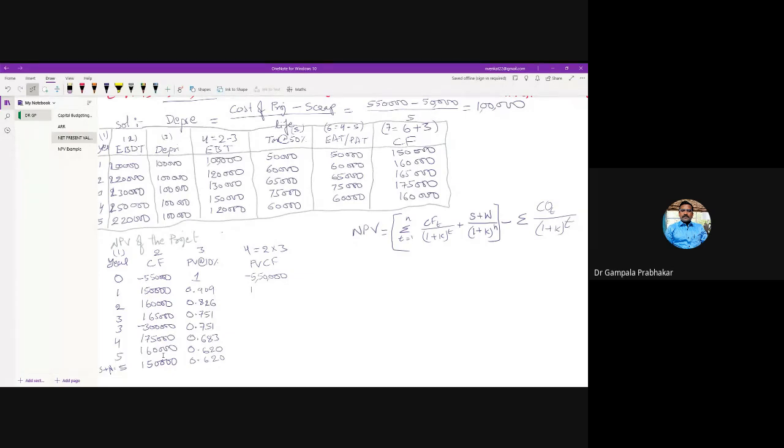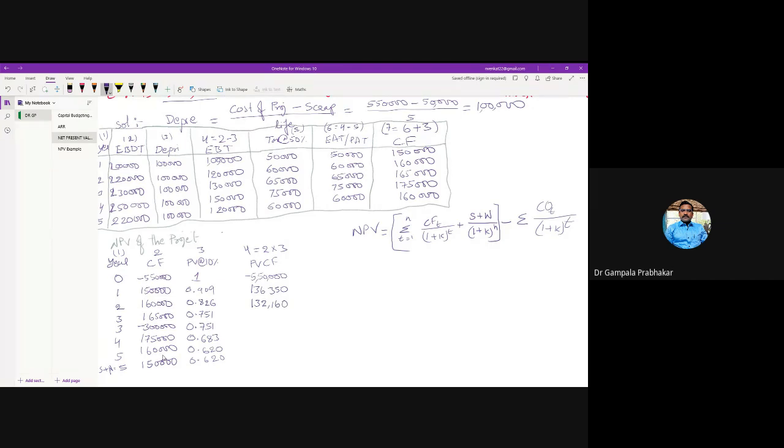0.909 into 1,50,000, that is 1,36,350. Next, 1,60,000 into 0.826, that is 1,32,160.